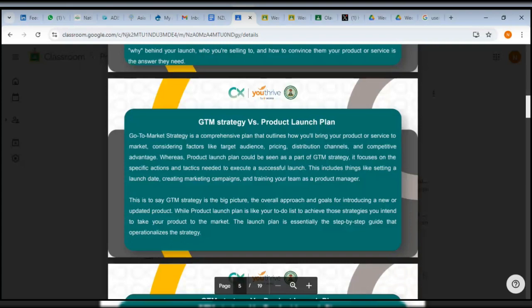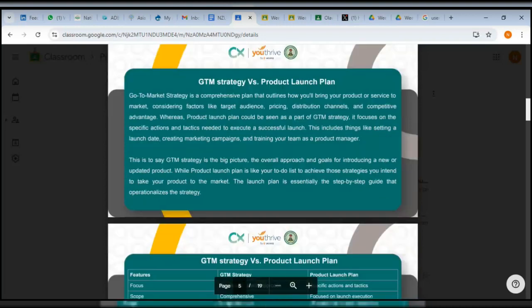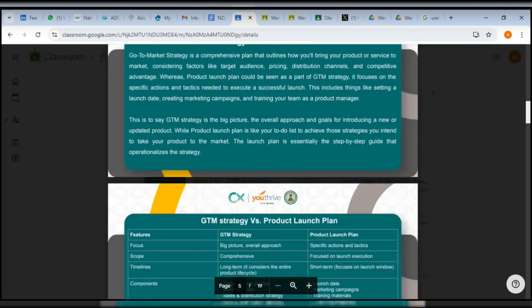While the product launch plan is like your to-do list to achieve those strategies you intend to take your product to the market. The launch plan is essentially the step-by-step guide that operationalizes the strategy.